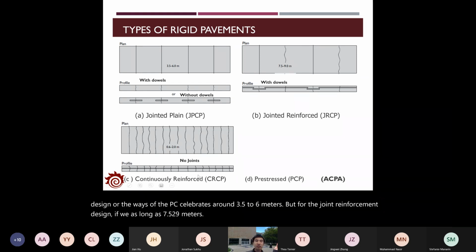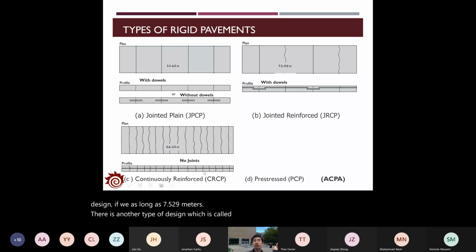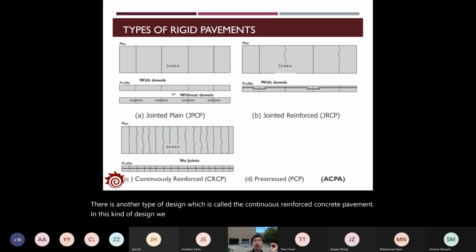There's another type of design which is called the continuous reinforced concrete pavement. In this kind of design, we don't have the slab. Actually, the entire pavement will be considered as one slab, and it will have the continuous reinforcement applied for the entire road.